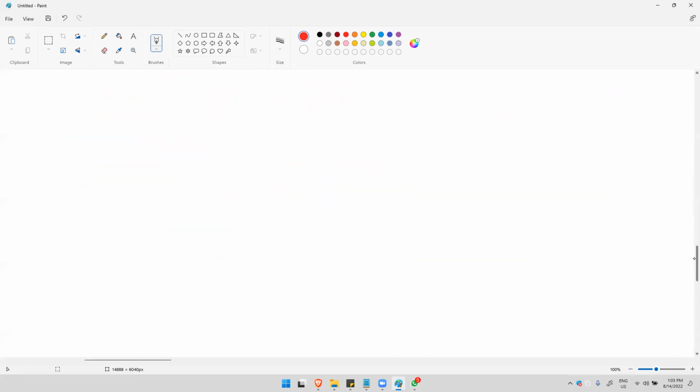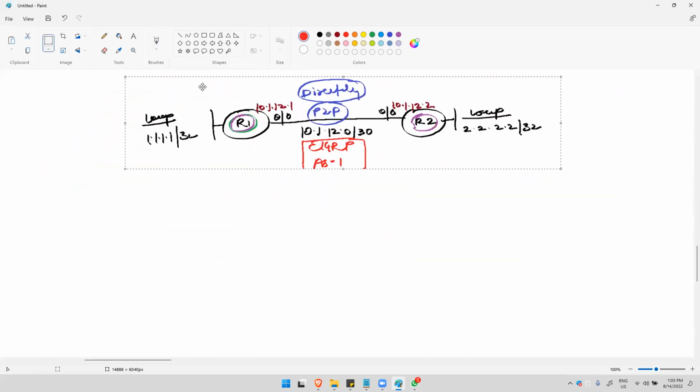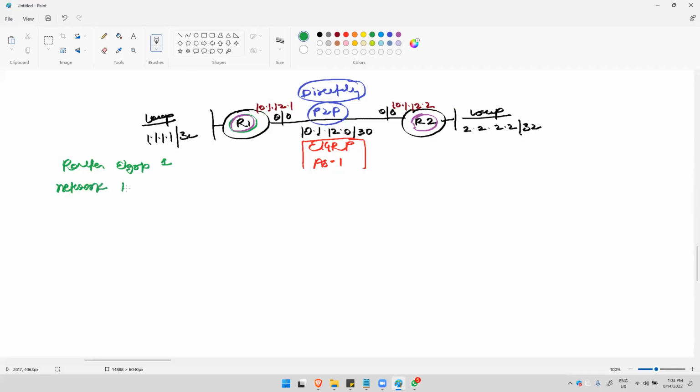Now next, same design, but now router 1 says, I'm running only router EIGRP 1 and network 10.1.12.0.